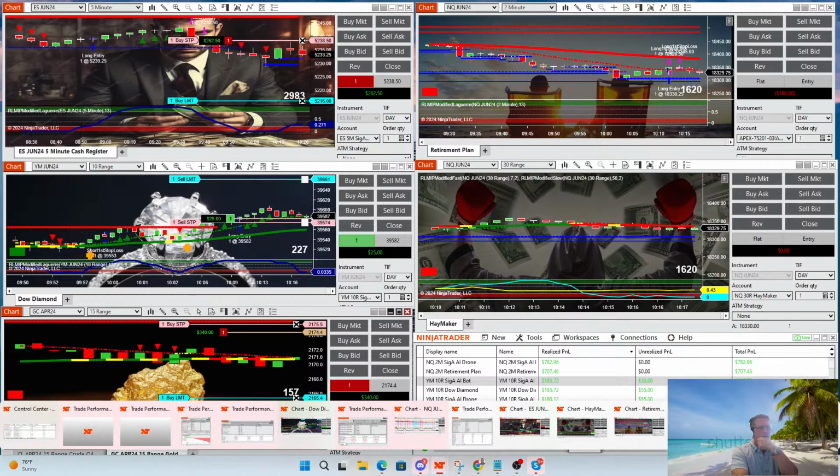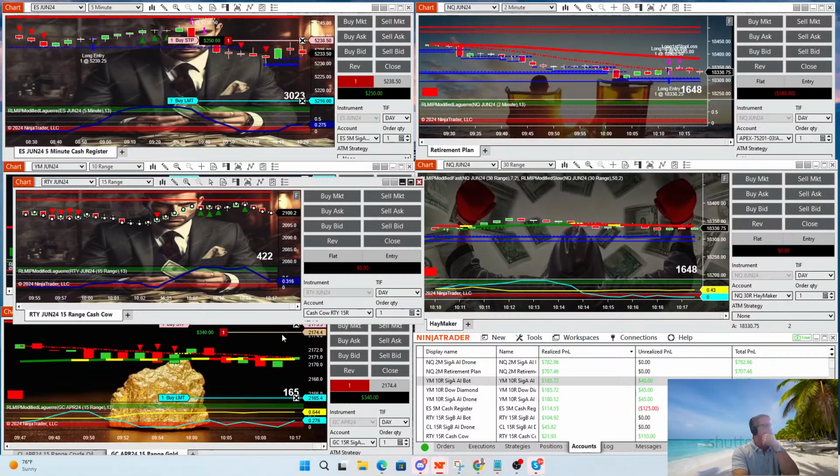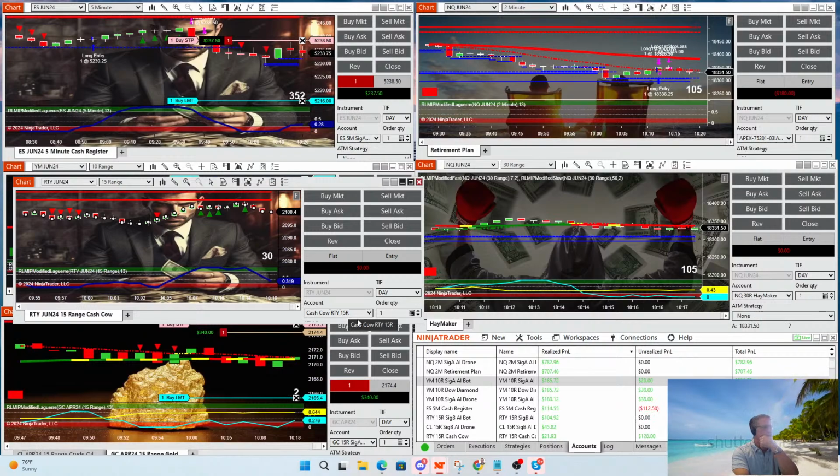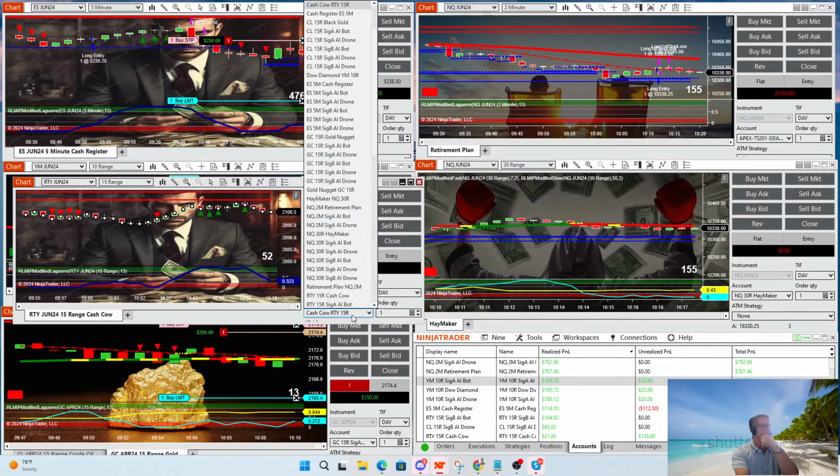Sometimes that Russell will... RTY 15 range cash cow.